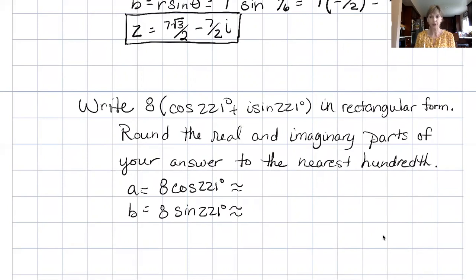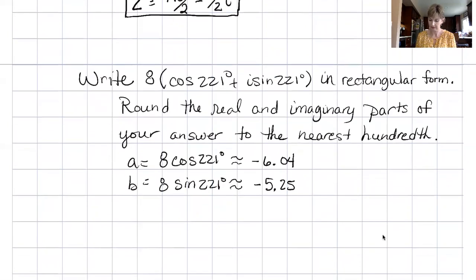So 8 times the cosine of 221 degrees is going to be -6.04. And 8 times the sine of 221 degrees is -5.25. Again, I'm rounding there to the nearest hundredth. There's lots more decimals and digits, but we're rounding.